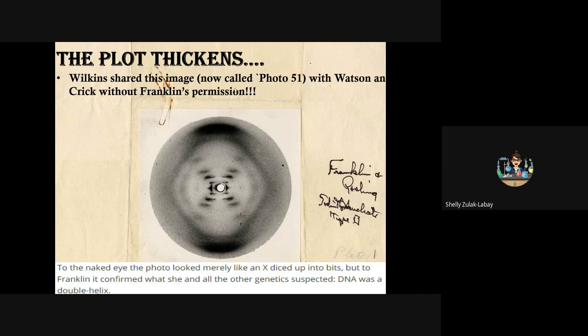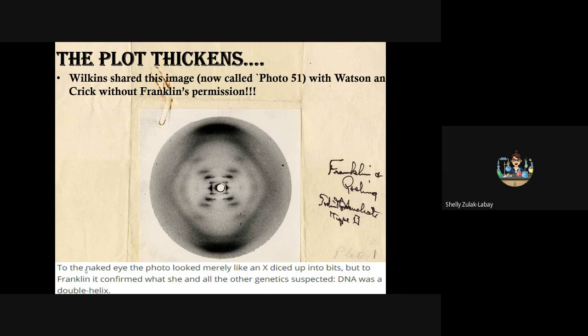And when Wilkins' friends and colleagues, James Watson and Francis Crick, attended their university for a lecture, he showed them Rosalind Franklin's photograph without her knowing that he did so. This is what James Watson and Francis Crick needed to see. It was their missing link in helping them confirm that DNA should not have 3 strands, but it should have 2 strands, based on what they knew about X-ray diffraction patterns.